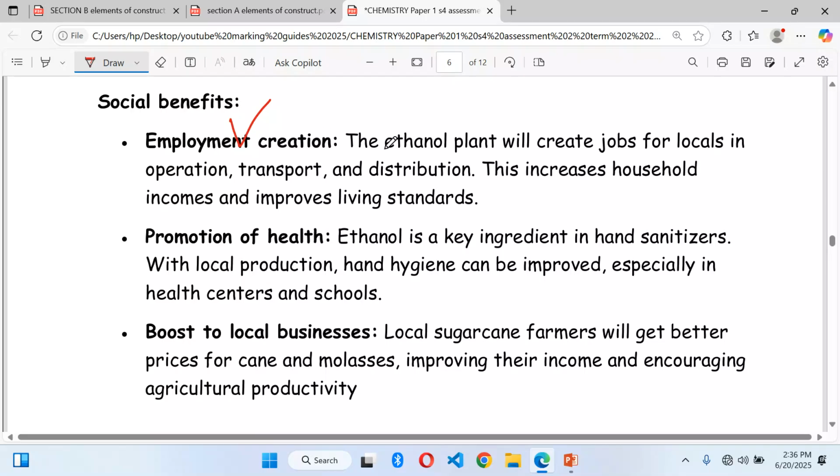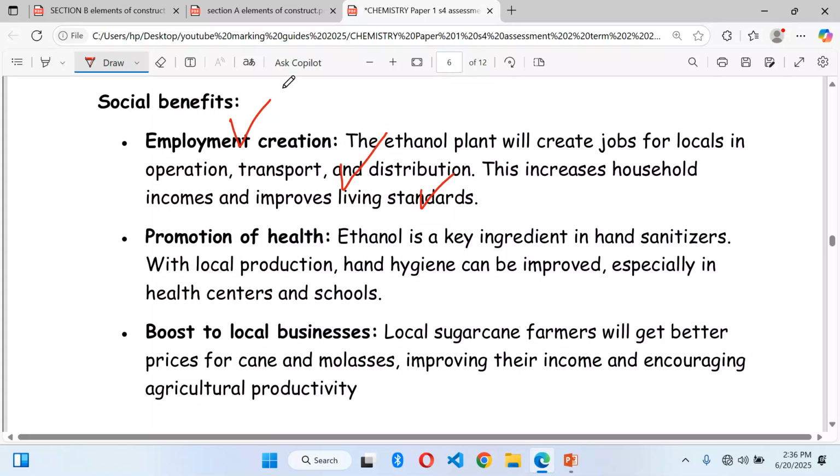Then explain how and why. So the ethanol plant will create jobs for locals in operation, transport, and distribution. That is how. This increases household income and improves living standards. That is why. Saying that, you get the 3 marks.